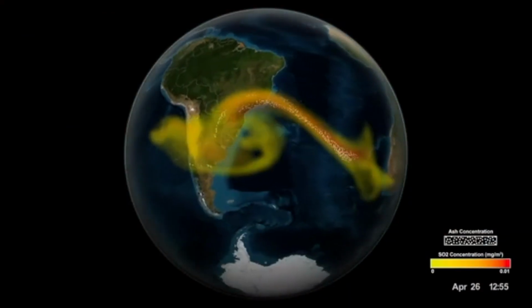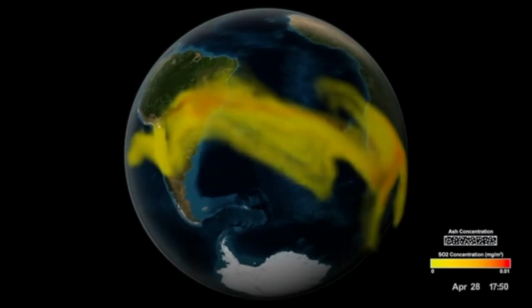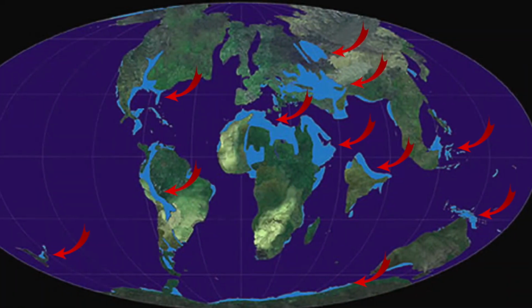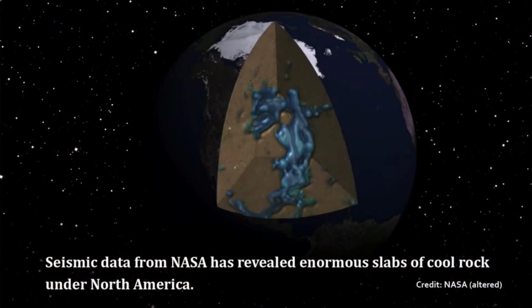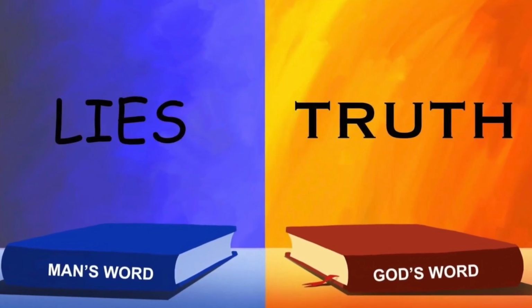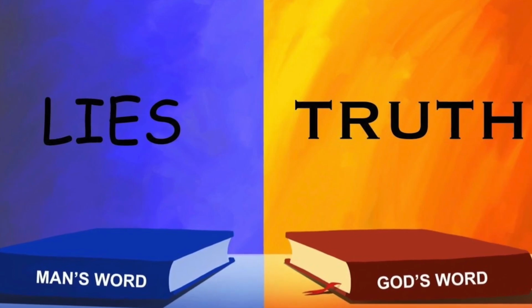This is why we find the distribution of iridium the way we do, and why it matches wind patterns and not impact patterns. The evidence for what we see in the world today matches the young Earth creation model perfectly, and explains the reasons why the evolutionary model has problem after problem.